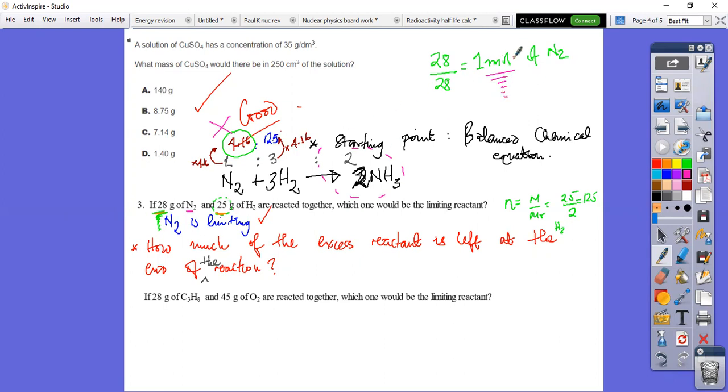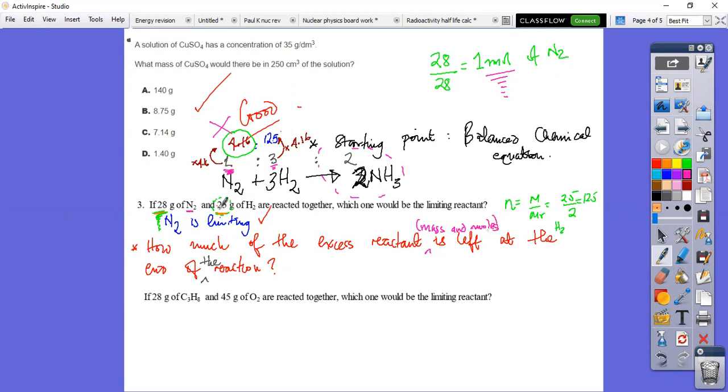This stuff is going to be all used up. When 1 mole of nitrogen reacts, we know that it needs 3 moles of hydrogen to react. Now, by the way, I should have said how much of the excess reactant in mass and moles, because it's a very vague question here.